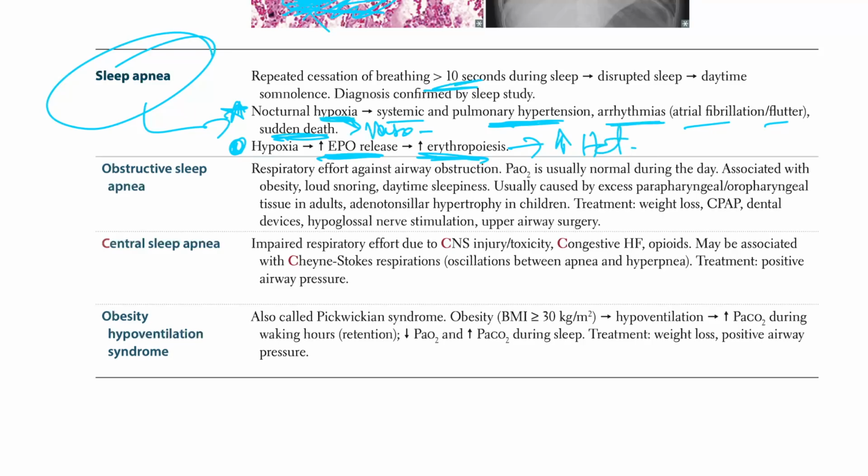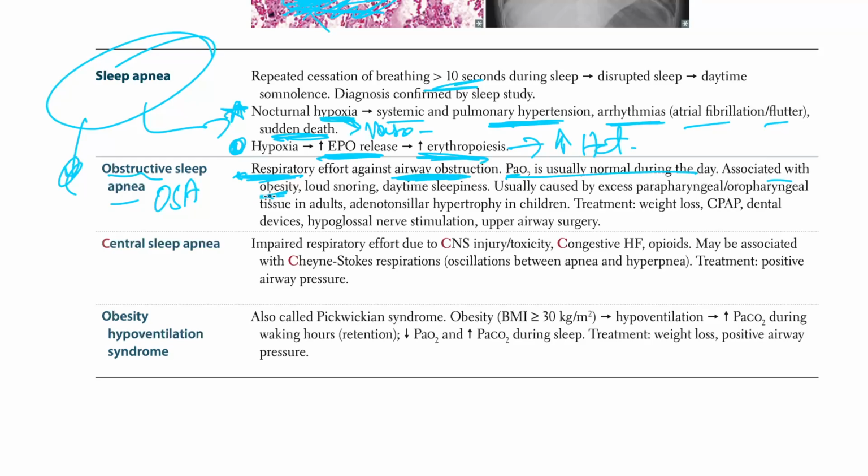Now, we have a couple of types of sleep apnea. We have obstructive sleep apnea, also known as OSA. It is respiratory effort against airway obstruction. So you have some sort of obstruction, and your lungs are trying to push against it. Your partial pressure of oxygen is usually normal during the day, but it is associated with obesity.